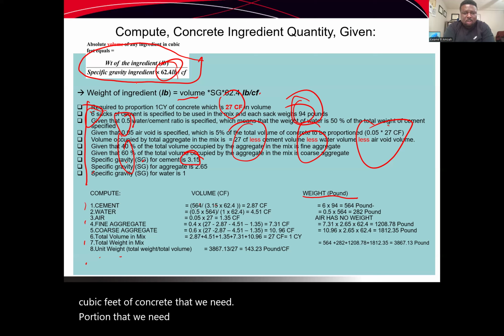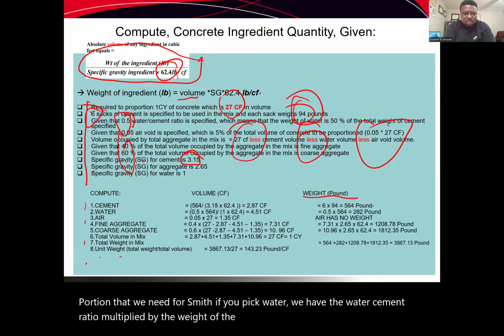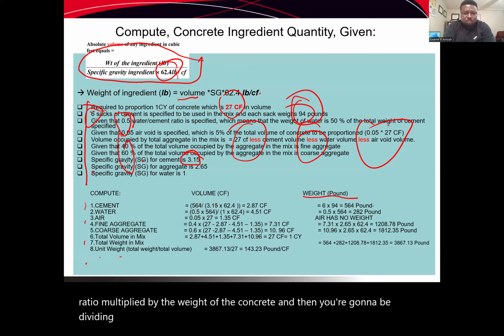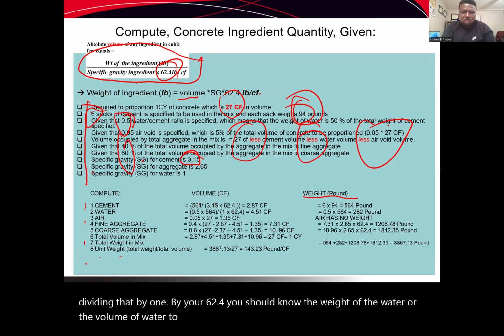If you pick water, we have the water-cement ratio multiplied by the weight of the cement, and then you're going to be dividing that by your 62.4. You should know the volume of water to be added to that mix. What about the air? 0.05 is given here for you, sorry.